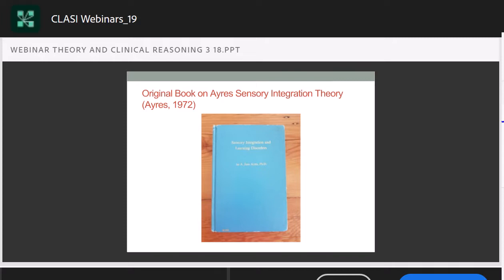This is quite a remarkable book because she proposed her ideas from a brain-behavior relationship point of view, and then she also discussed the different patterns that she was seeing, the different kinds of sensory integrative difficulties someone might have, and she started to describe her theory of intervention, and the reason that she chose the certain ideas that she had for her intervention.